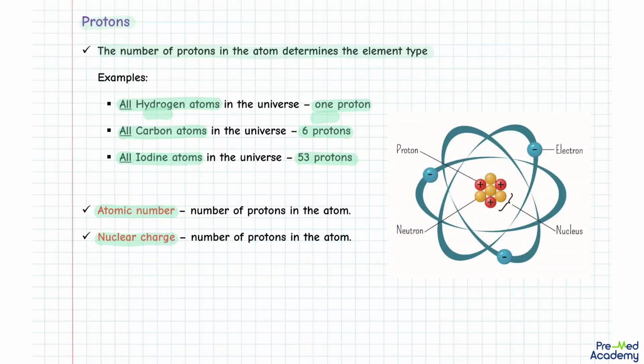Each element has a unique serial number, from 1, which represents the element hydrogen, the lightest and smallest atom, to about 118. And what did we just say that differentiates different elements? The number of protons. It therefore makes sense that the atomic number that defines the atomic type should be determined by the number of protons.